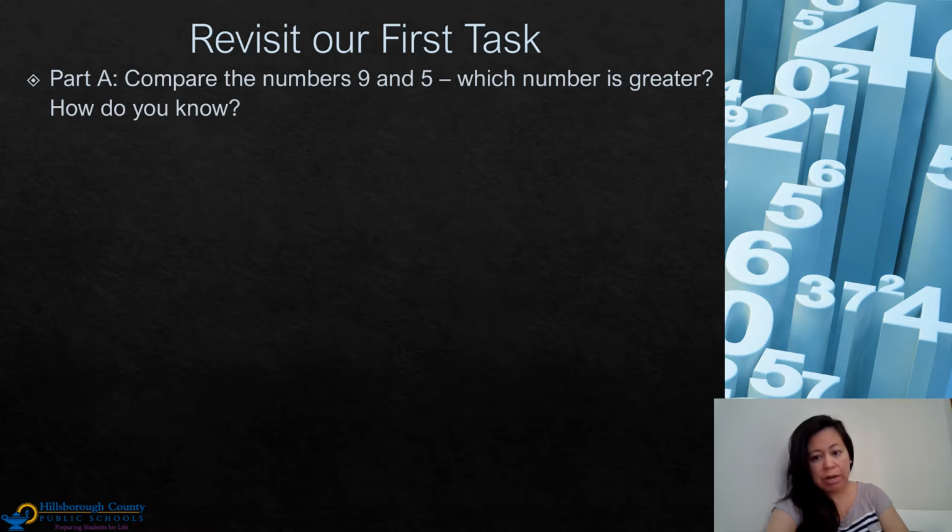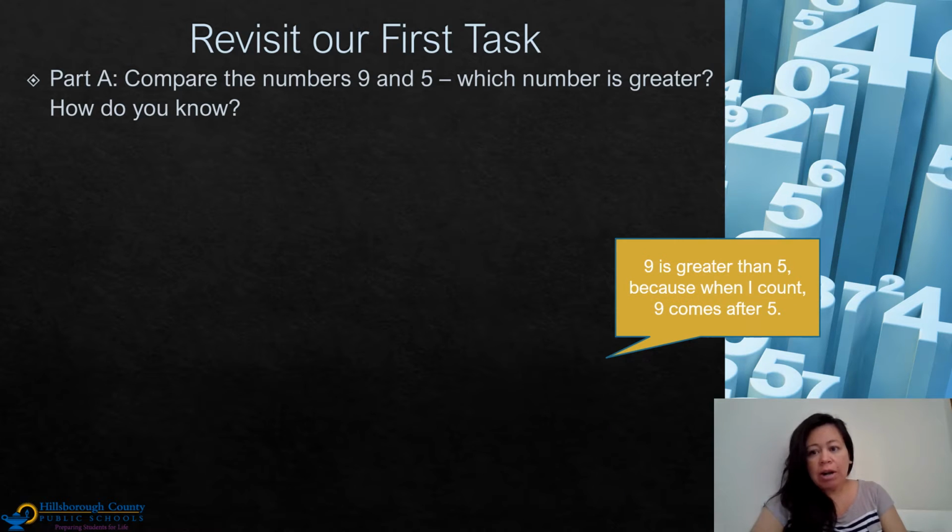Part A component of our first task, thinking about the numbers that our students are already familiar with. If you asked your students to compare the numbers 9 and 5, thinking about all that you've taught them earlier in the year, and ask which number was greater and how they knew, what do you think some of their responses would be?